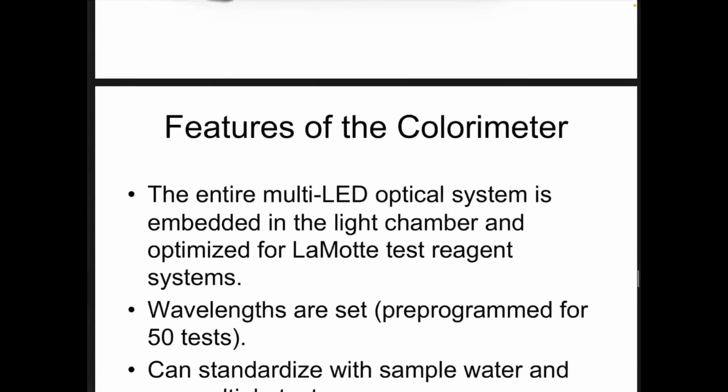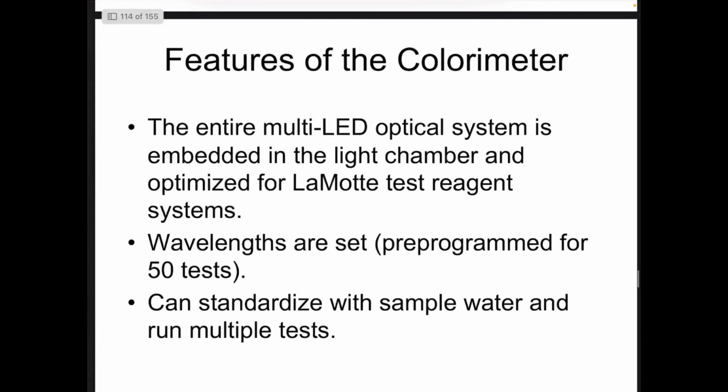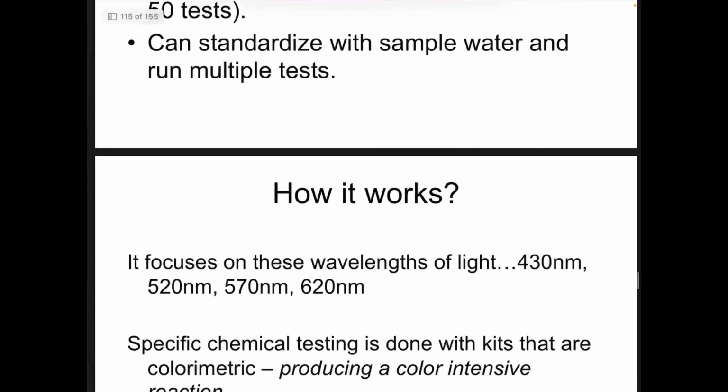Alright. So what are the features of the colorimeter? The entire multi-LED optical system is embedded in the light chamber and optimized for the LaMotte test reagent system. It also has preset wavelengths and can standardize with sample water and run multiple tests.